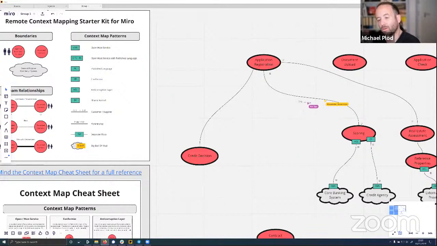That is a defined set of influence. When application registration wants to simplify the form, scoring can have a veto. And the same can be true for the real estate assessment. It's the same thing.